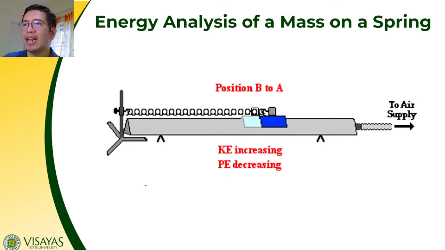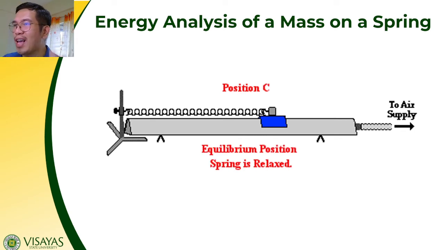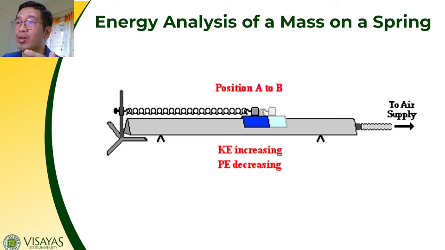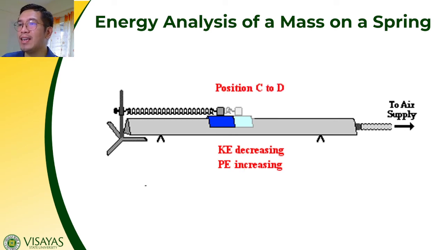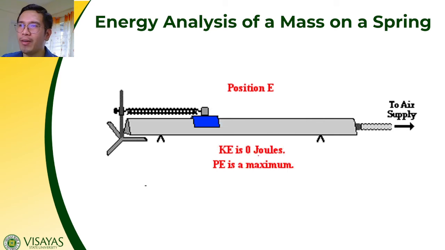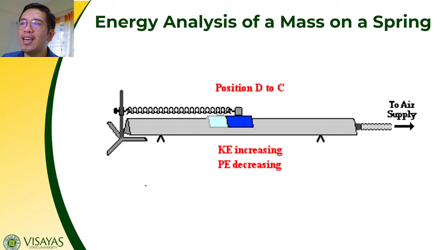Since the spring stretches as much as it compresses, the elastic potential energy at position A is the same as at position E. At these 2 points, A and E, the velocity is how much? The velocity is 0 meter per second and the kinetic energy is 0 joule.